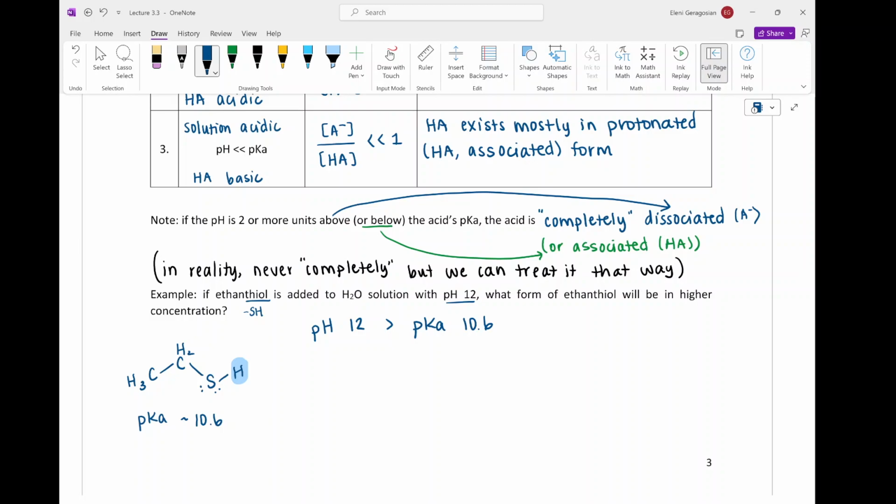So of the 2 forms that are in equilibrium, I'm going to draw the skeletal structure now. This is the acid or associated. This is the conjugate base or dissociated. All I've done is what we've done for every conjugate base, which is remove the acidic hydrogen and keep the electrons on the atom that was bonded to the hydrogen.